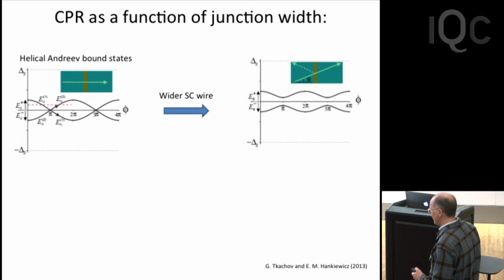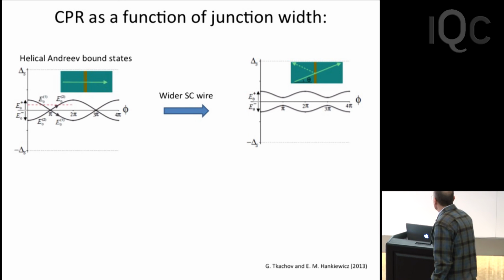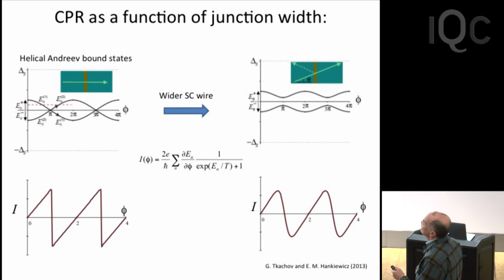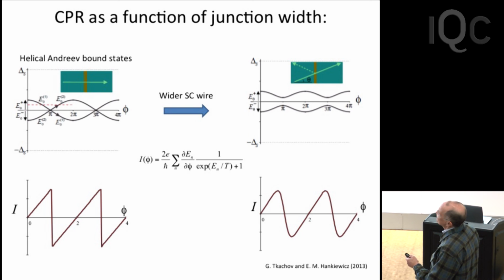It turns out that the Josephson critical current should be proportional, maybe I've drawn it down here, to the derivative of the energy of the bound state with respect to phase, summed over the occupation of the bound states.